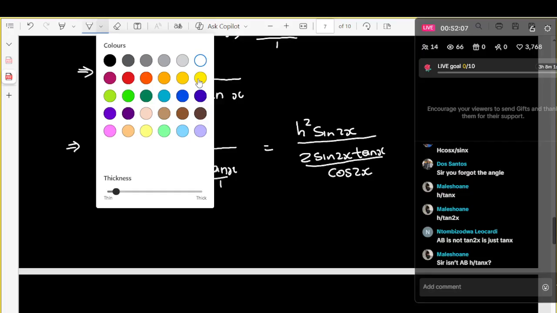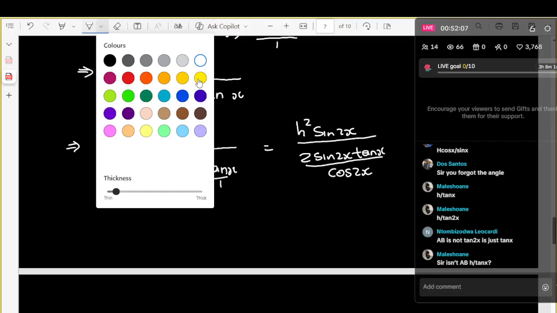Okay, so I'm just going to try and analyze how I can get this. I know that on top I already have the h squared, so if I row multiply first, I'll have h squared, the sine 2x, multiplied by the cos 2x. Everything is divided by 2, the sine 2x, the tan of x.